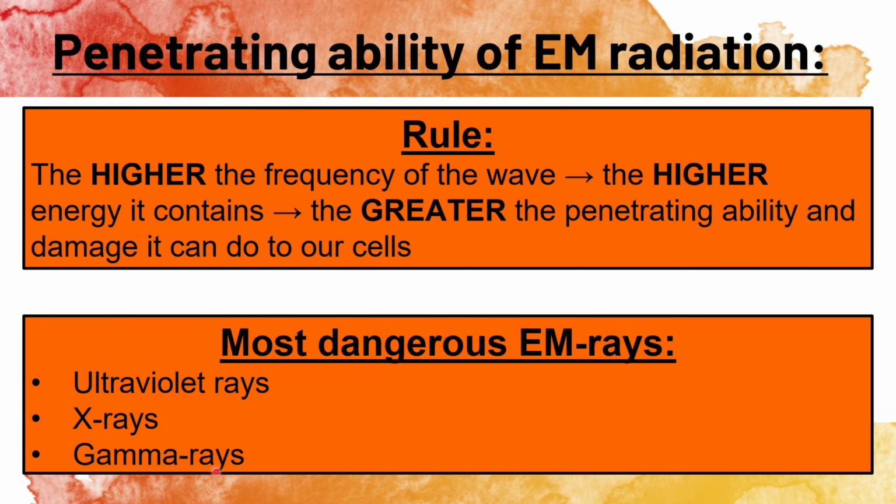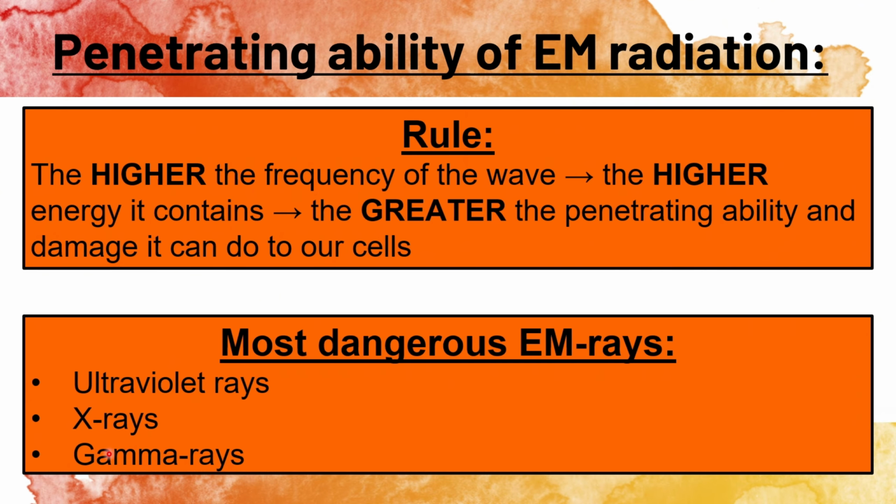Now let's look at the penetrating ability of electromagnetic radiation. So what is the rule regarding penetration of these waves? The higher the frequency of the wave, the higher the energy it contains, and therefore the greater the penetrating ability and the damage it can do to our cells. So in short, if waves have higher frequency, their ability to penetrate the human body is greater, and therefore the most dangerous electromagnetic rays are the ultraviolet rays, the X-rays, and the gamma rays.